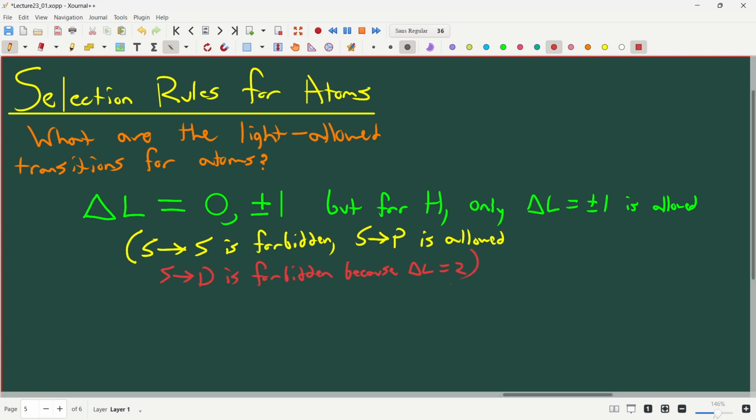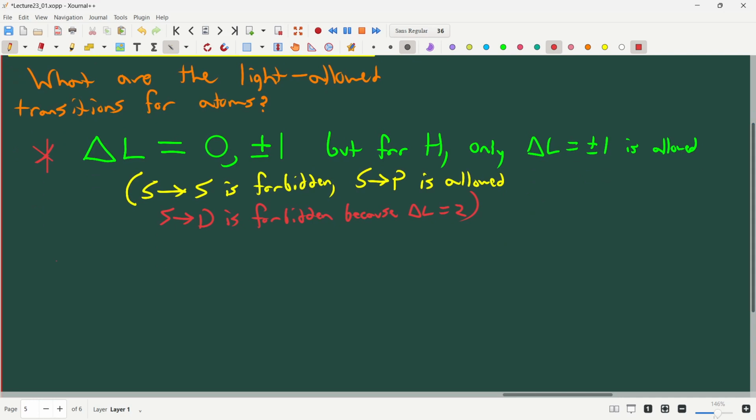So the only way that you can excite electrons in an atom, basically, is by taking an S electron and putting it in a P. If you want to get a D, you got to take it in a P and then put it in a D. If you want to get an F, it has to go D to F. Okay, so it has to go in a chain. You can't just take an S electron and put it in an F orbital. Right? You have to use multiple photons to pump it up. You can't just freely go wherever it wants.